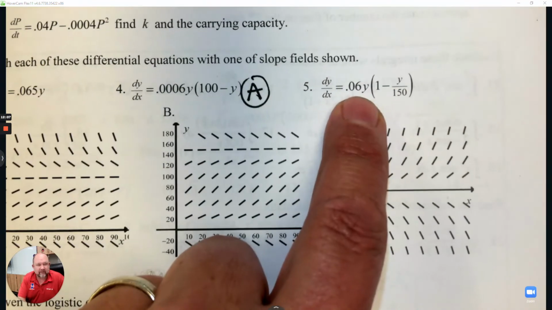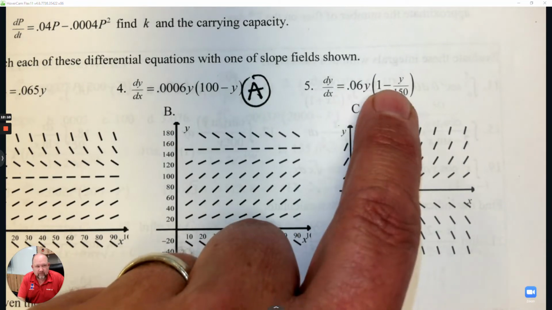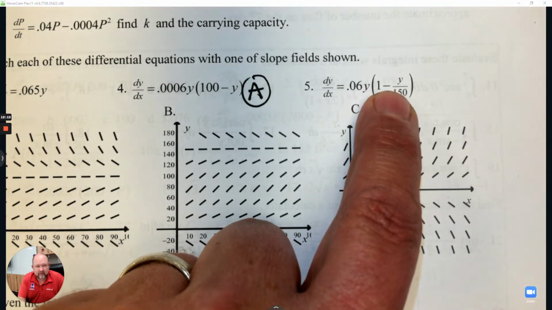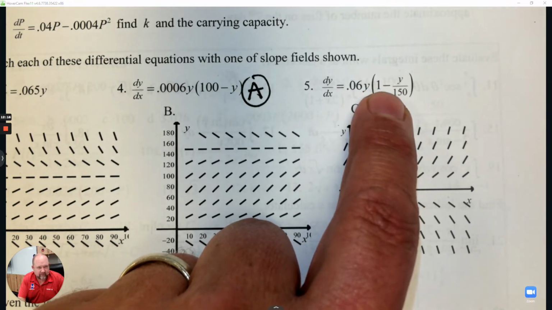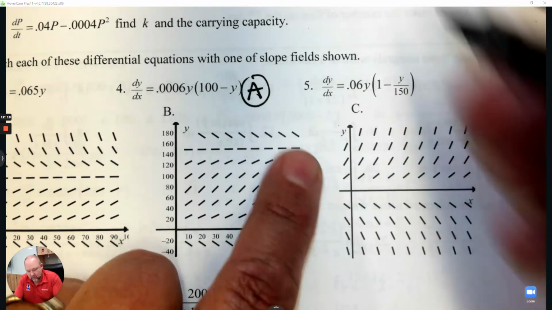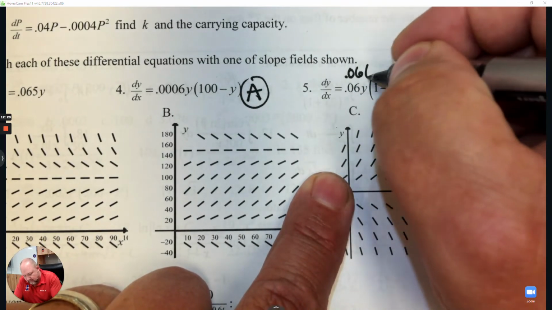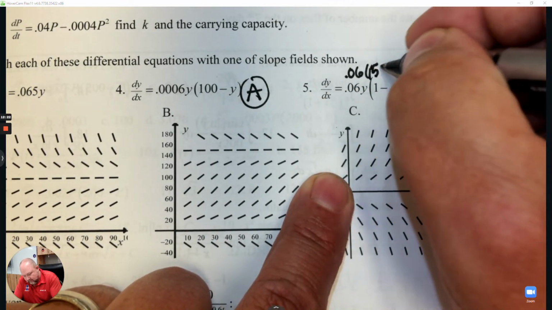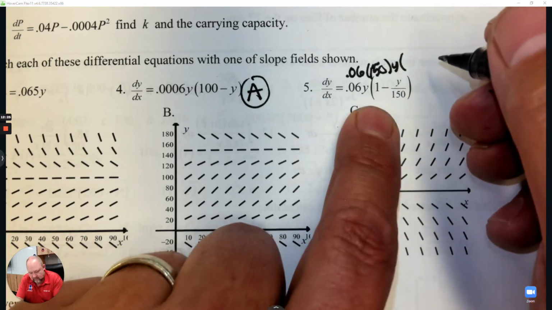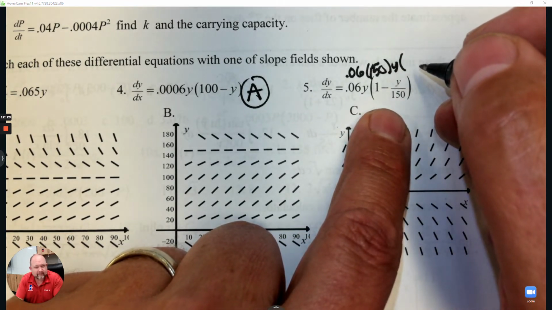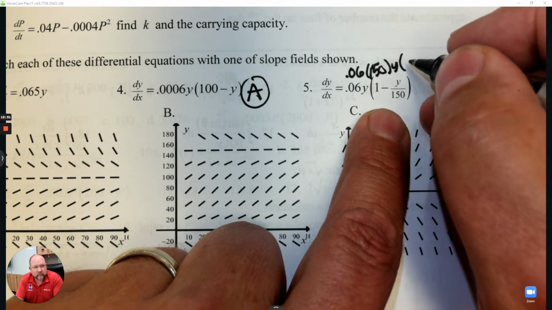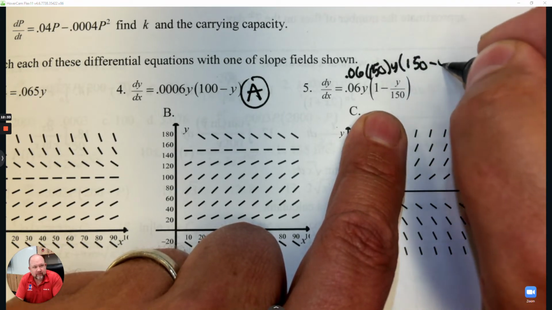I get the same sense here. And if you have negative here, in fact, I probably have to multiply it by 150 to get a sense of it. So if I multiply this by 150, I don't even care about the number in front right now. If I multiply it by 150, or factor it out, I would be left with 150 minus y.